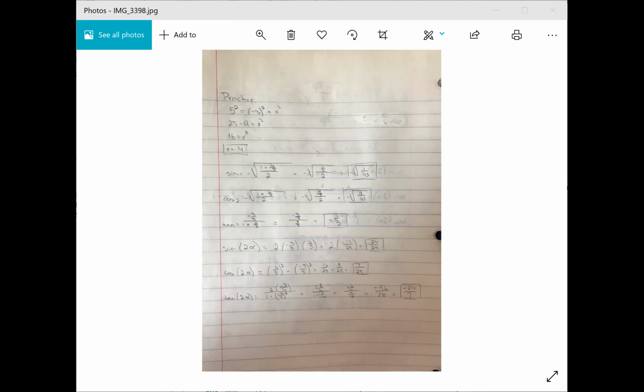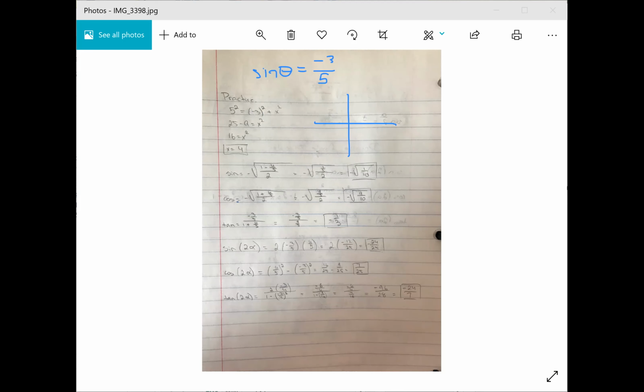If you guys want to do it this way, this is fine. And then you guys can also draw your triangle if you need to. You're given that sine alpha is the same thing as sine theta. So your sine is basically, what was it? Negative 3/5. So this is equal to -3/5.